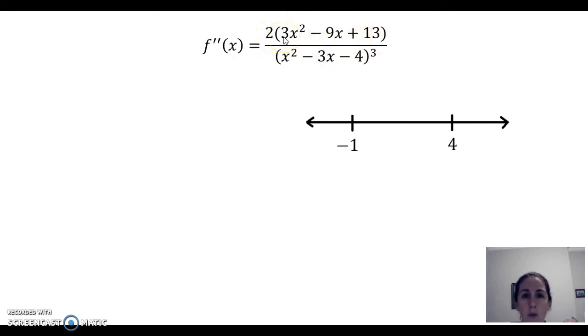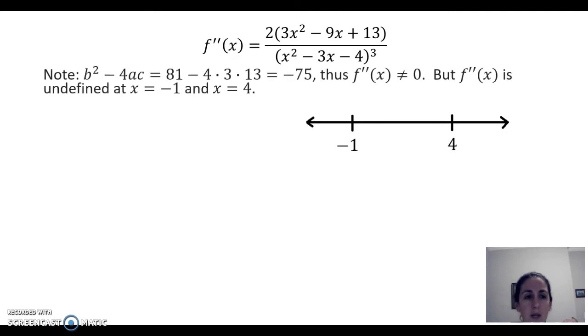Well, if you look back at when we did the quadratic function, we said if b squared minus 4ac was negative, then you wouldn't have any real zeros. So when you take b squared, which is negative 9 squared, minus 4 times a times c, you get negative 75. So that means the second derivative is never going to be equal to 0, not in the real number system anyway. So the only critical values are at negative 1 and 4 because that's where our function was undefined.